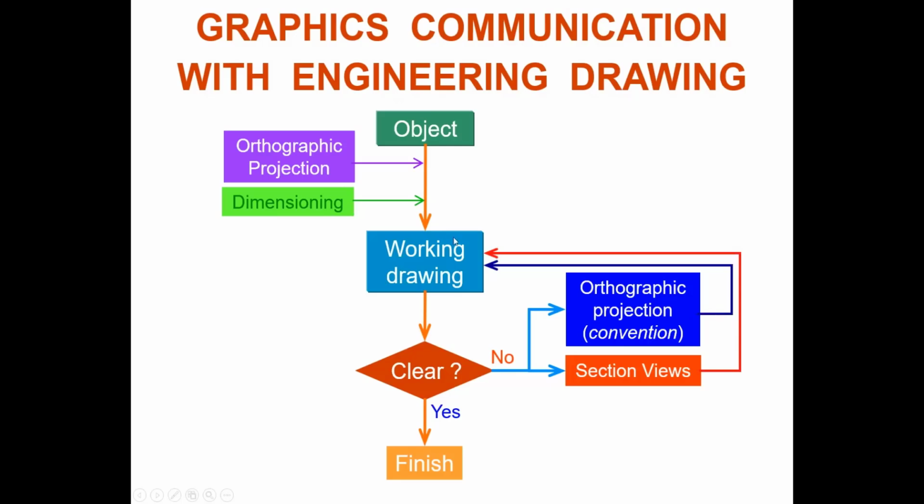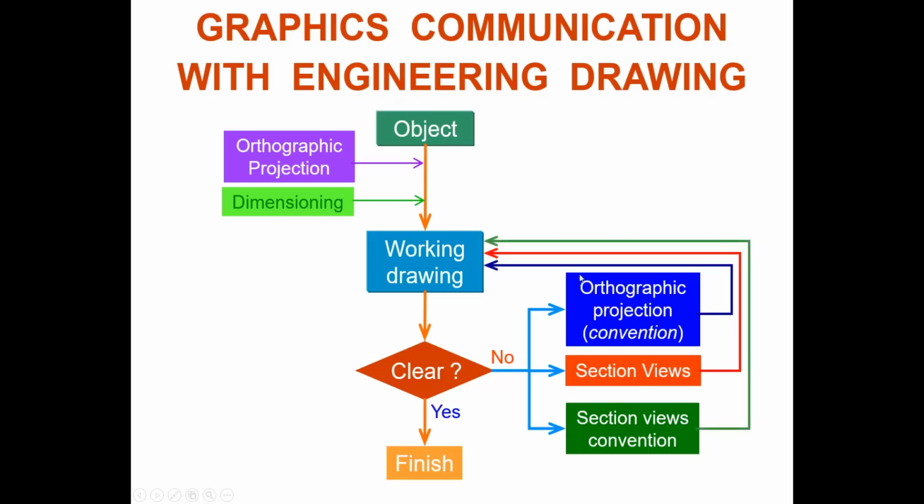Then you go back to your working drawing, and if it's clear, finish. If not, something is wrong with your section view and you have to modify it. So this is what we learn in this topic, the rules and practice of sectioning. Then we go back to the working drawing, and if it's clear, done.